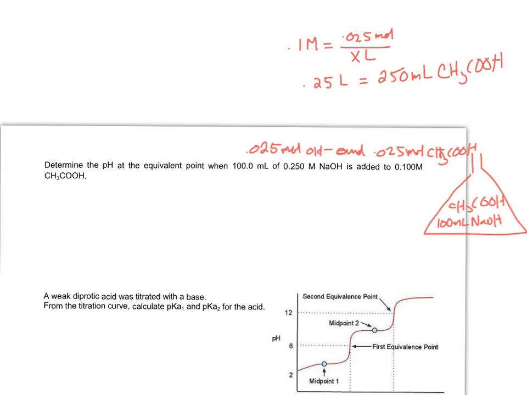So let's write out our reaction between my acetic acid and my NaOH. My NaOH is a strong base, so I'm going to use OH minus plus my acetic acid. I form water and acetate.